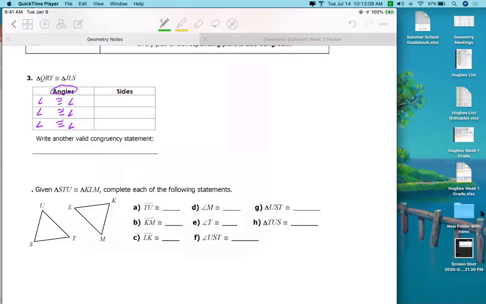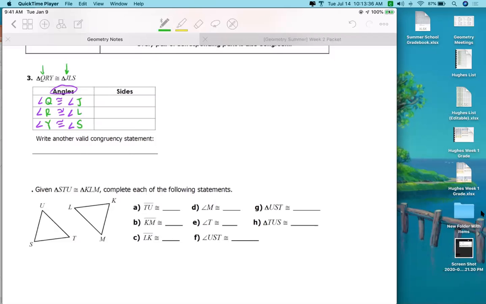So the first one starts with QRY, then I'm just going to put Q, R, and Y next to my angles. And what is Q congruent to? The first letter to the first letter, then it would be J. And really, you can just list it down. It's pretty easy, right?